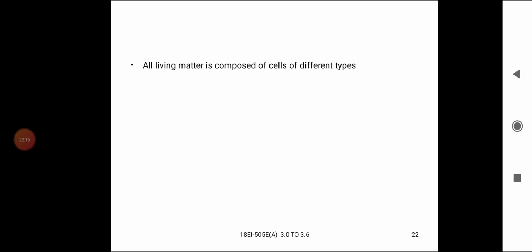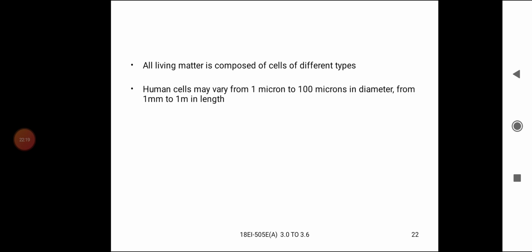All living matter is composed of cells of different types. Human cells may vary from 1 micron to 100 microns in diameter, from 1 mm to 1 meter in length. The typical membrane thickness is 0.01 microns.